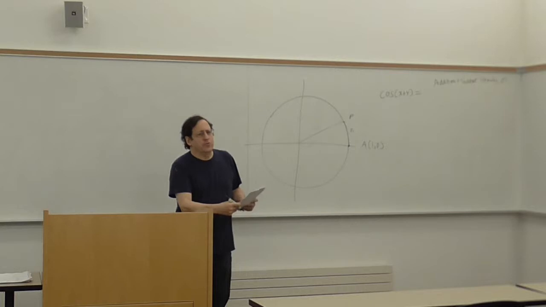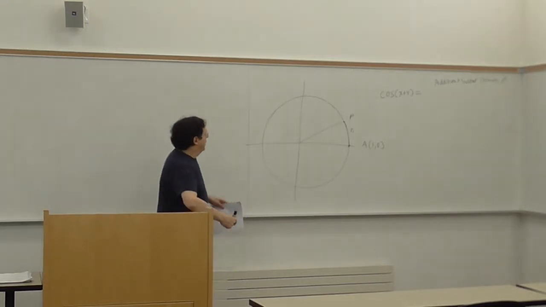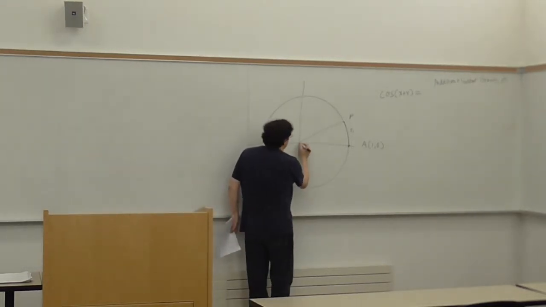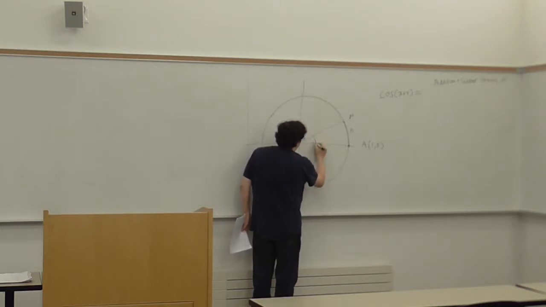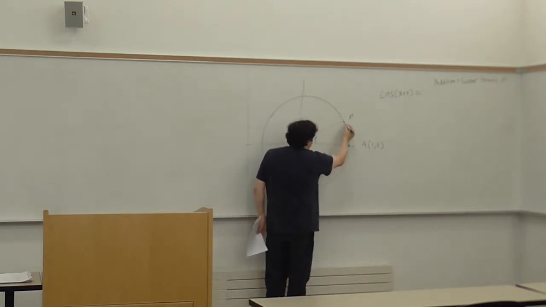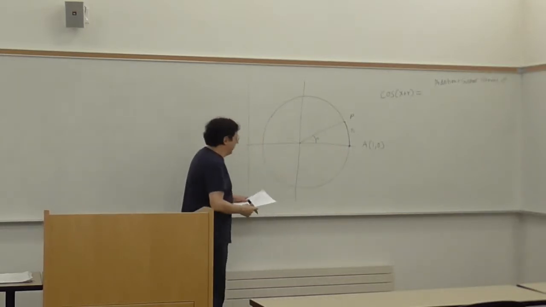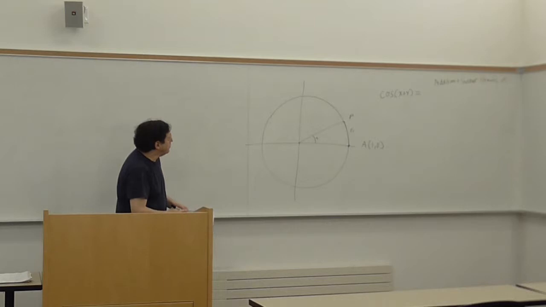Here it would be useful to go down memory lane and remember way back when you were taking geometry that if you have a central angle like this, the measure of this angle is the same as the measure of the arc. So this angle is going to be R1. Okay, that's pretty simple.